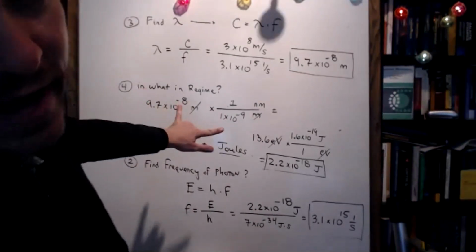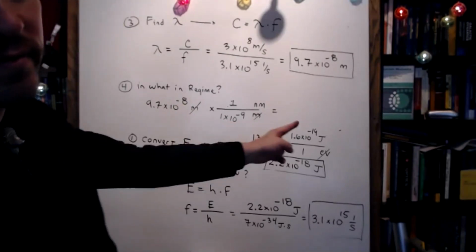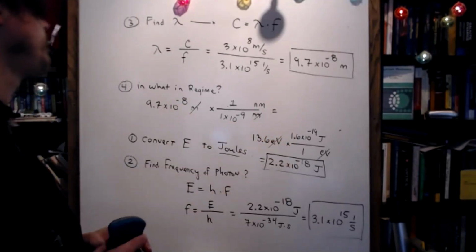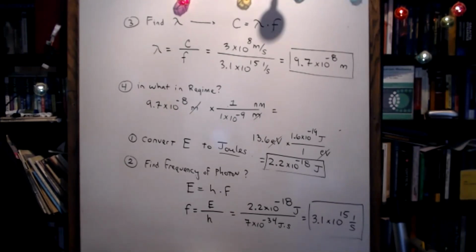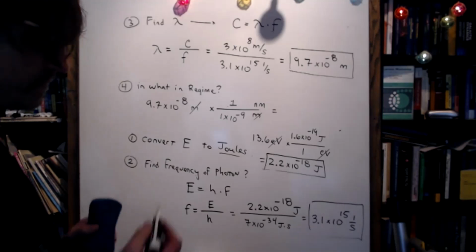That's how you should do it. Okay. 9 plus 8 gives you 10 to the power of 1. What's your answer? I'm writing it down. Okay, I'll do it here. Exp negative 8 divided by 1 exp negative 9 equals, I got 97, which cannot be right.